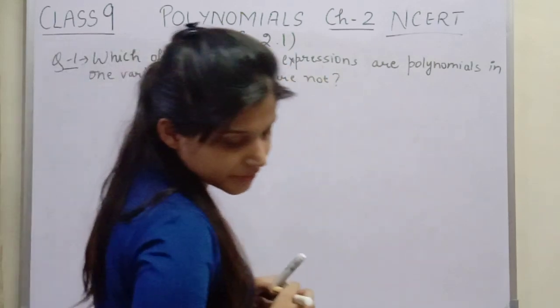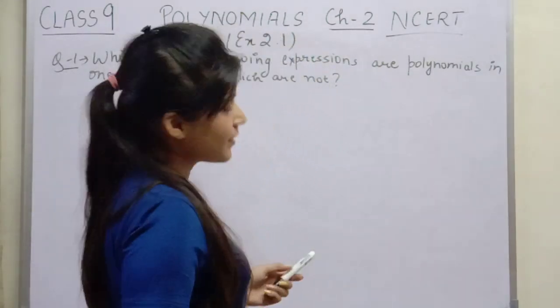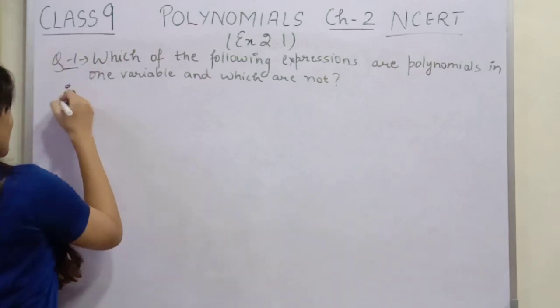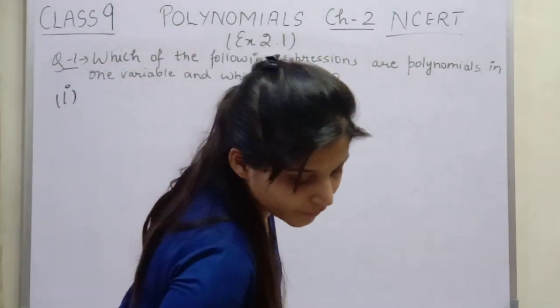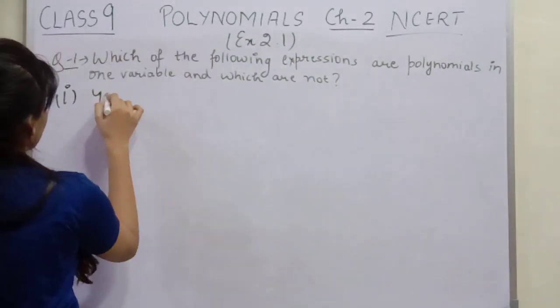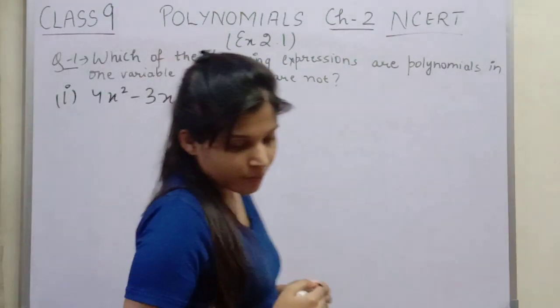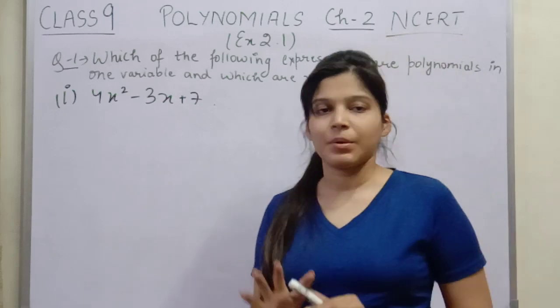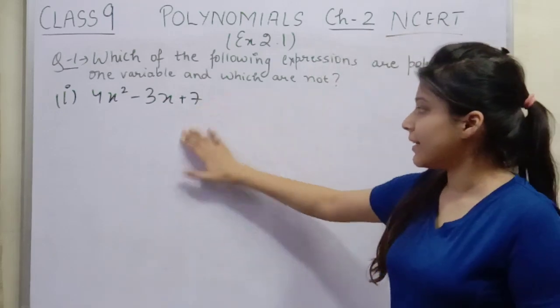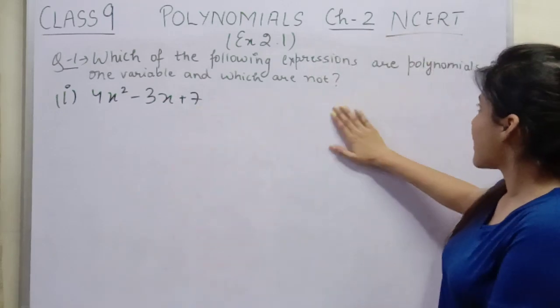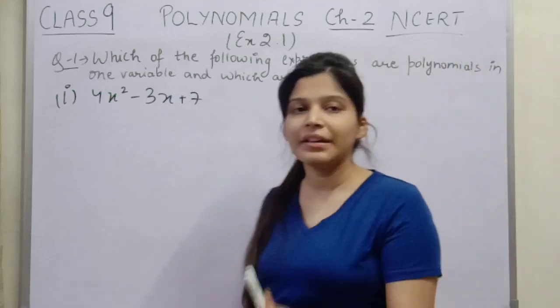and which are not. Okay, so this is the question, and the first part is 4x square minus 3x plus 7. So we have to tell which of the following expressions are polynomials in one variable.